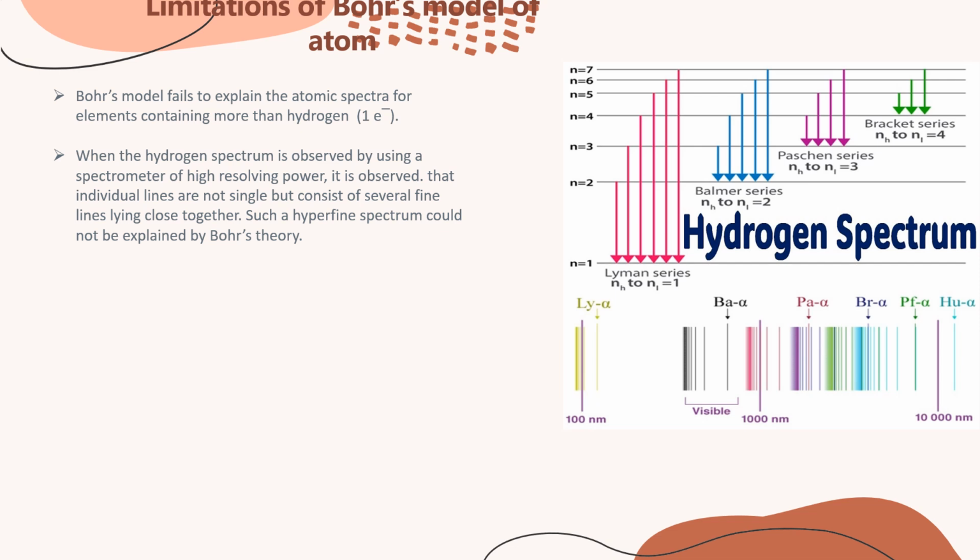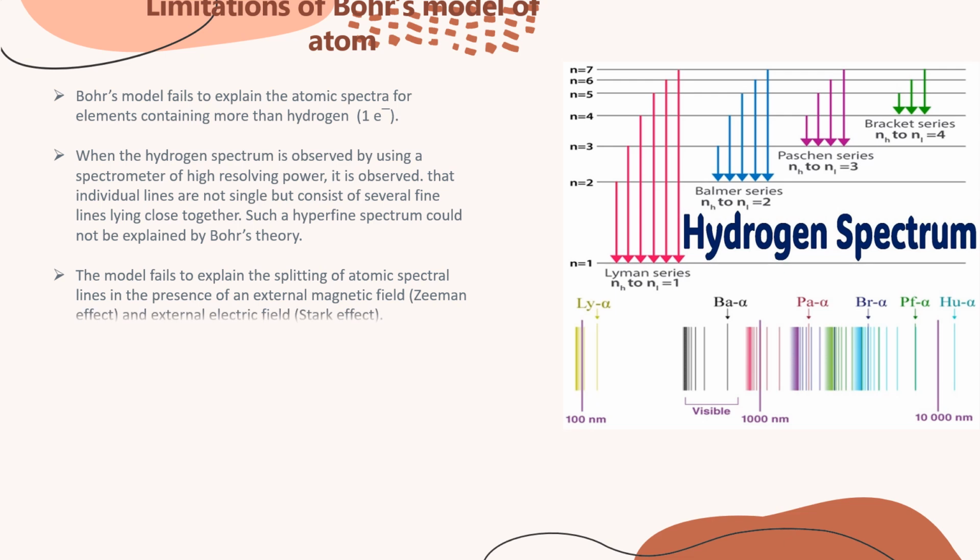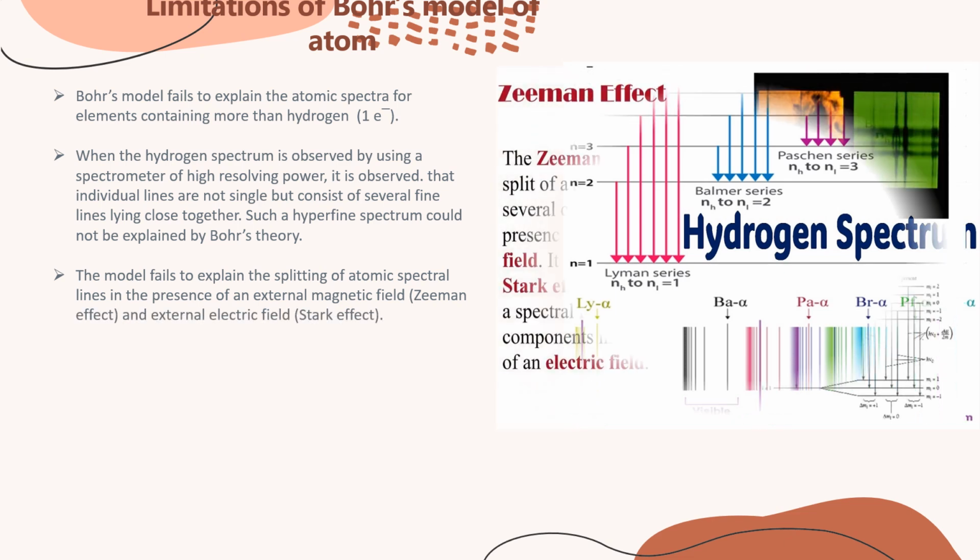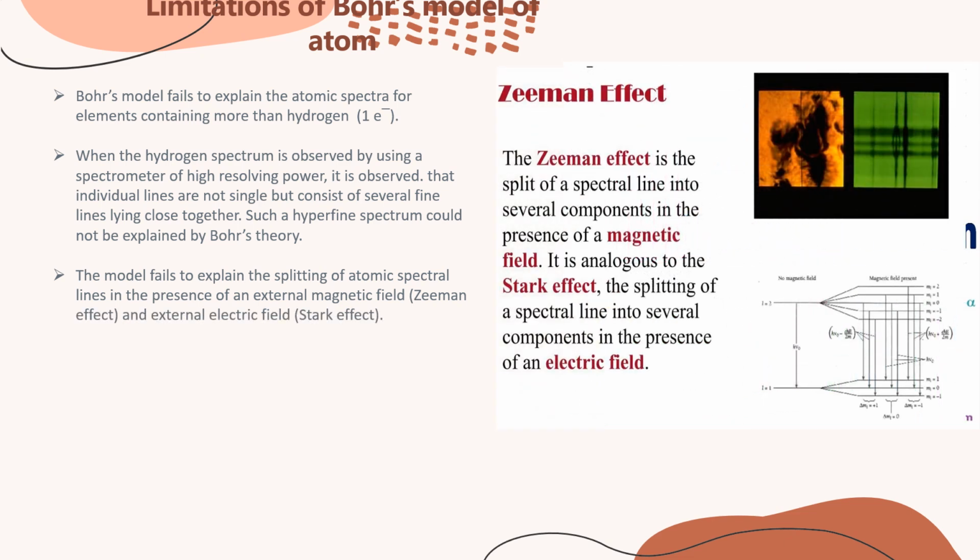Such a hyperfine spectrum could not be explained by this theory. The model fails to explain the splitting of atomic spectral lines in the presence of an external magnetic field and external electric field. It also failed to explain the ability of atoms to form molecules by chemical bonds. So these are the limitations of Bohr's model of atom.